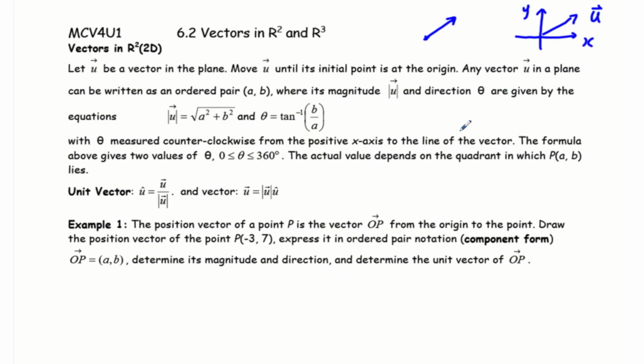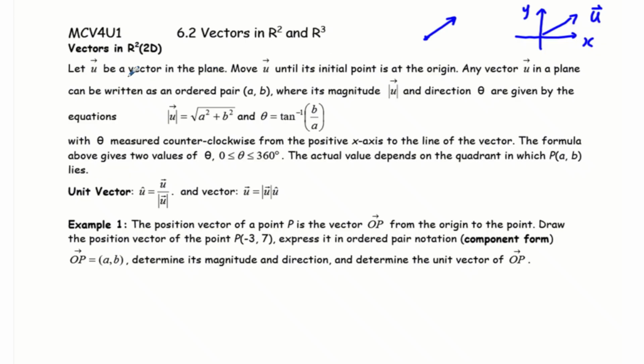From now on, we are going to focus on algebraic vectors because, as we have seen from our last lesson, it's easier for us to do the calculation for the resultant vectors from algebraic vectors.